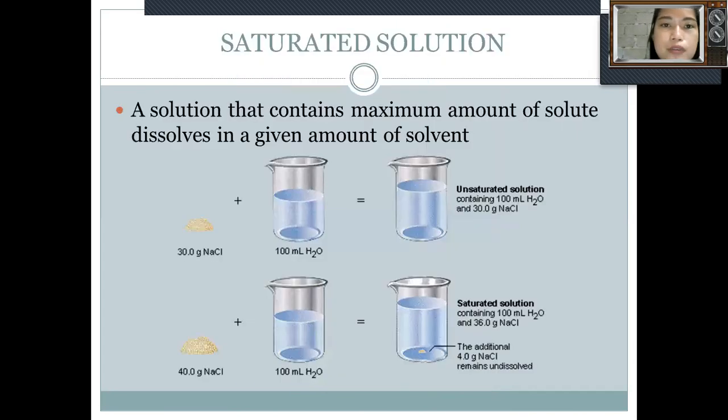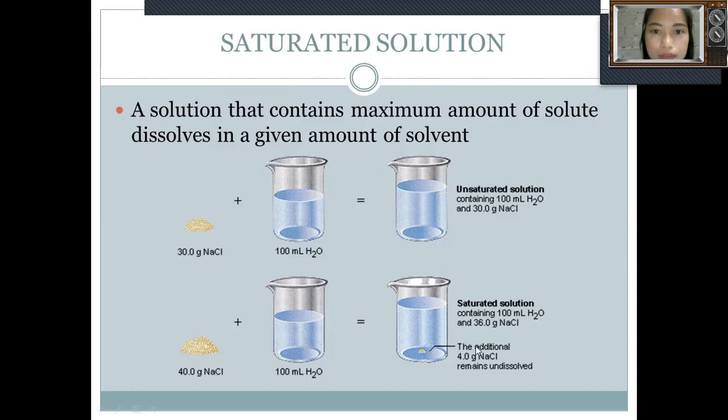So what about a saturated solution? A saturated solution contains the maximum amount of solute dissolved in a given amount of solvent. Here is an example: 40 grams of salt added to 100 ml of water. 36 grams of salt is dissolved, but 4 grams of salt remains undissolved.